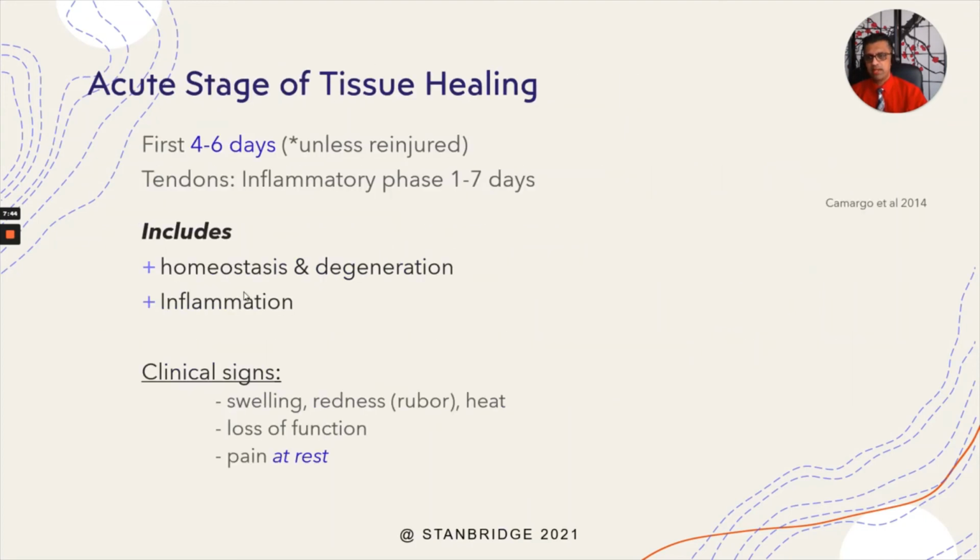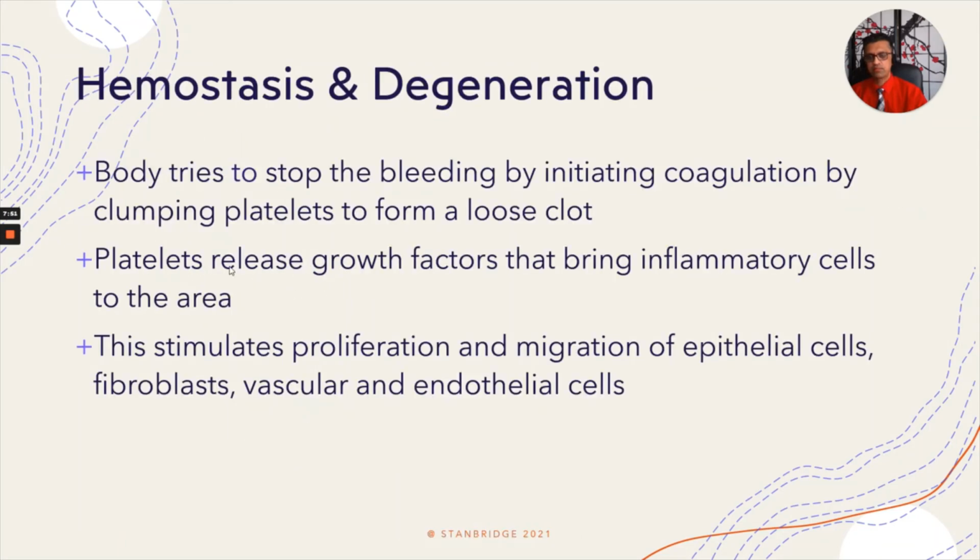Homeostasis is what your body goes through, which is just keeping everything in balance. Platelets release growth factors that bring inflammatory cells to the area. This stimulates proliferation and migration of epithelial cells, fibroblasts, vascular, and endothelial cells.